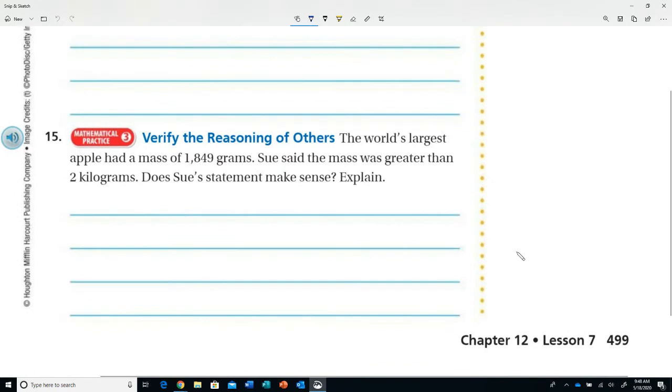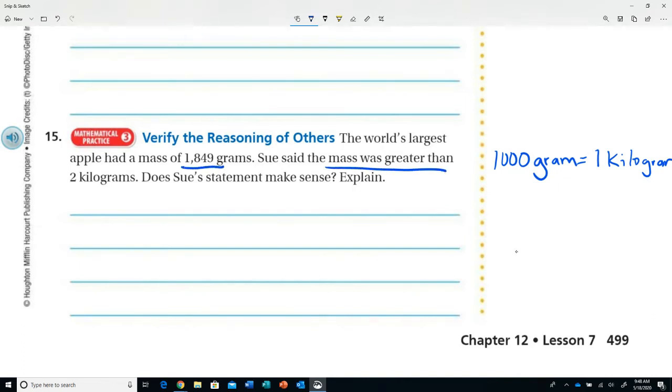Here's what you need. You need to know that 1,000 grams equals 1 kilogram. So if this is how much she has, and she thinks that the mass was greater than 2 kilograms, why is she incorrect?